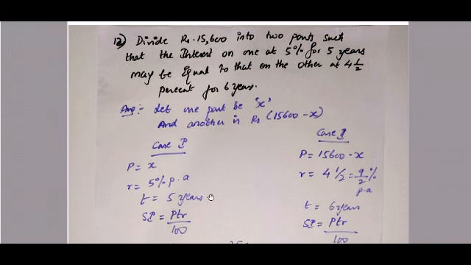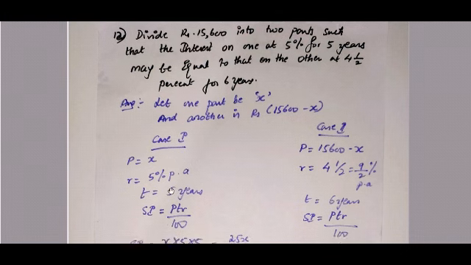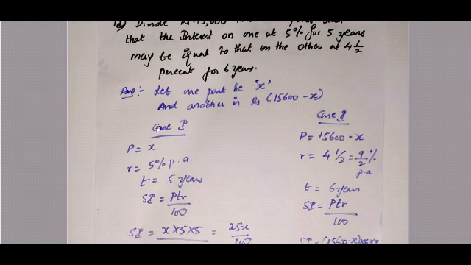So moving on to our next question, divide rupees 15,600 into 2 parts, such that the interest on one at 5% for 5 years may be equal to that on the other at 4.5% for 6 years. So let one part be X and the other part be 15,600 minus X. So in case 1, the principal amount is X and R is equal to 5% per annum.